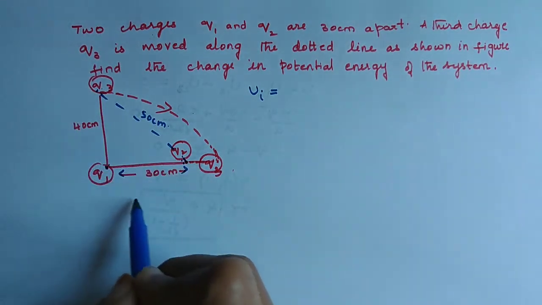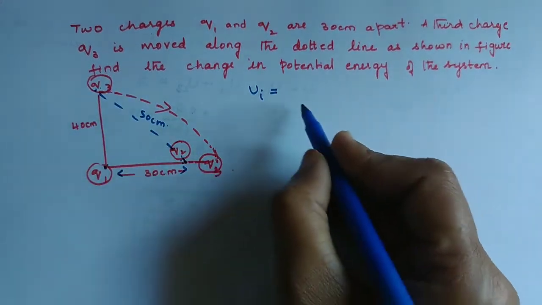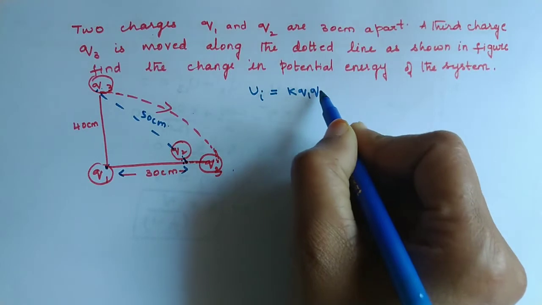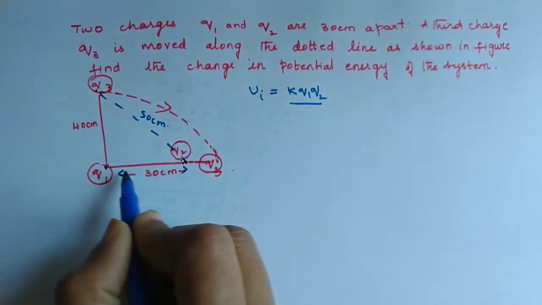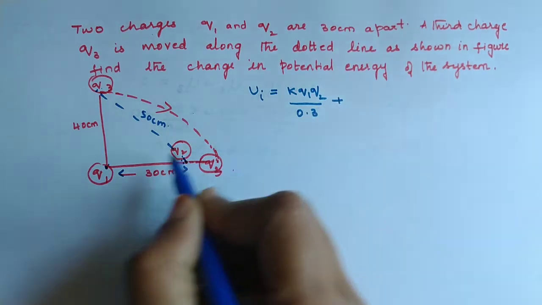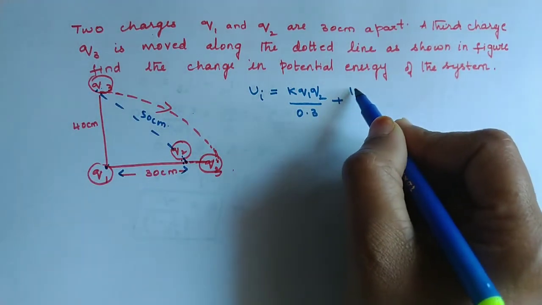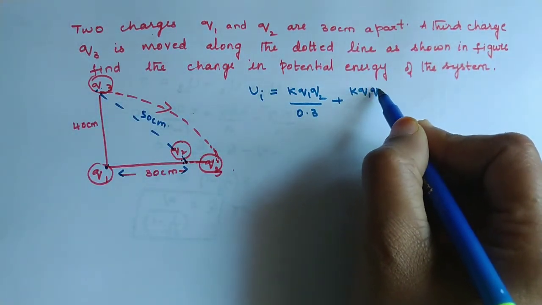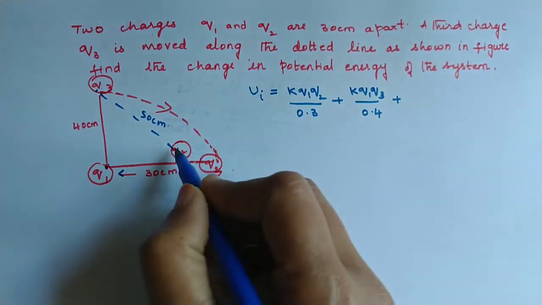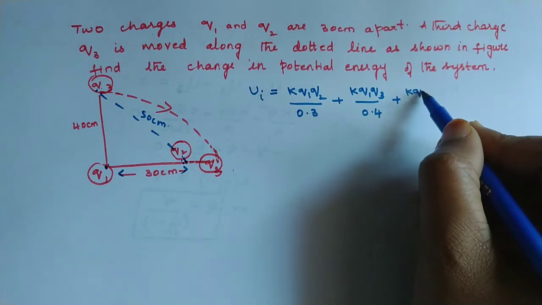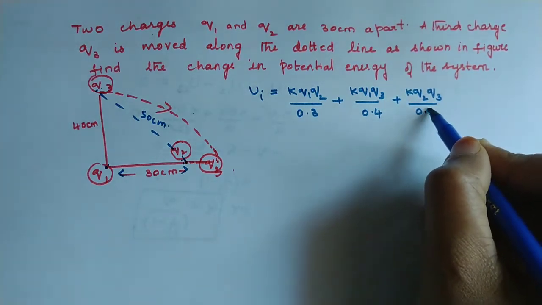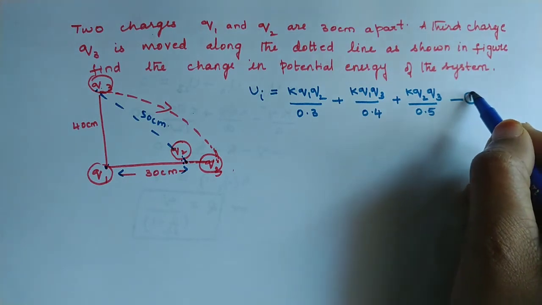Now find the potential energy for the initial triangular arrangement. Between 1 and 2, it is K Q1 Q2 by distance 30 centimeter, I will write it as 0.3 meter, plus between 1 and 3 the potential energy is K Q1 Q3 by 0.4, and between 2 and 3 it is K Q2 Q3 by 0.5. Call this equation 1.